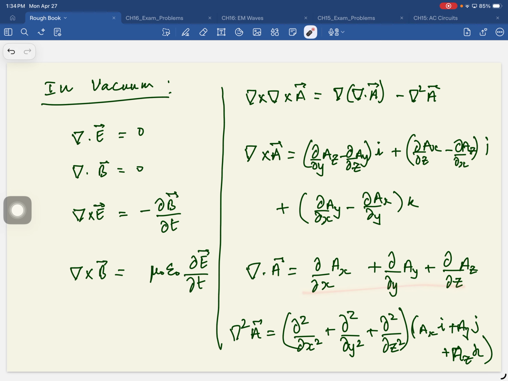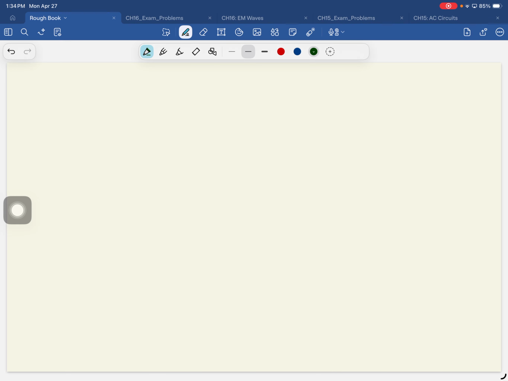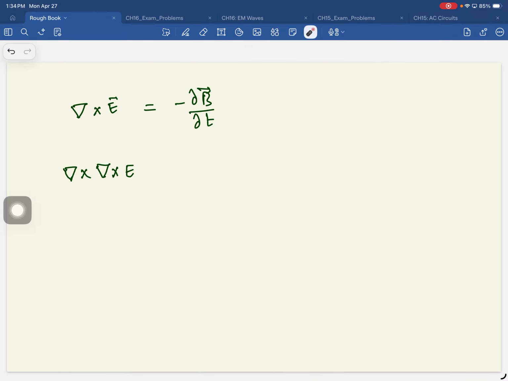All right, so let's look at this first term. Let's go back to our Maxwell's equation. In vacuum, the divergence of the electric field is 0. So this guy is 0. So what you have now is del square E equal to epsilon naught mu naught del square E by del t squared.